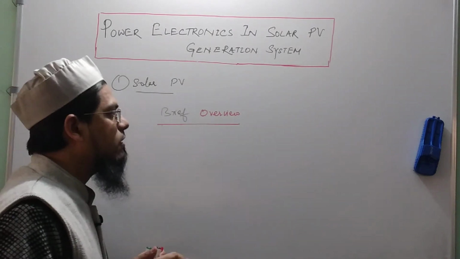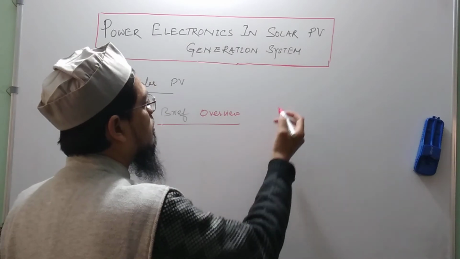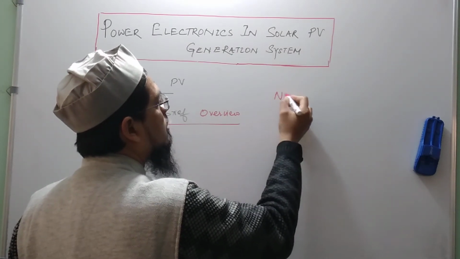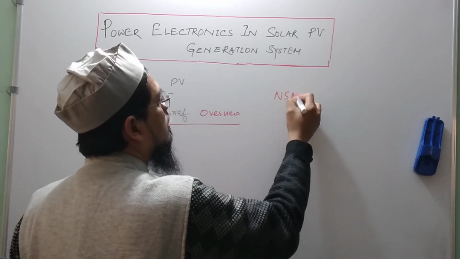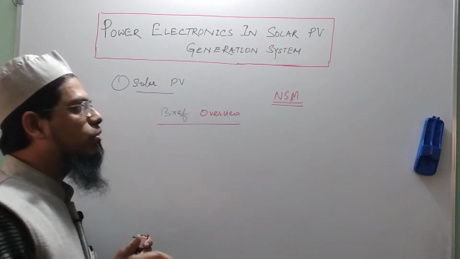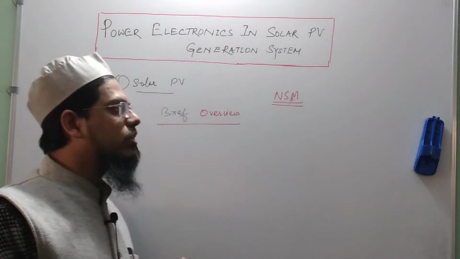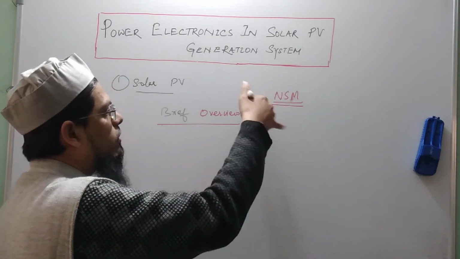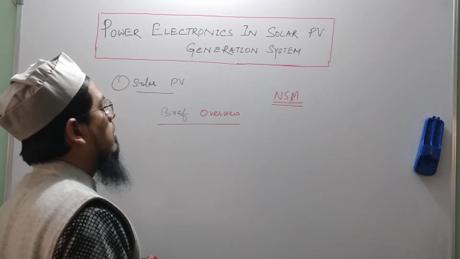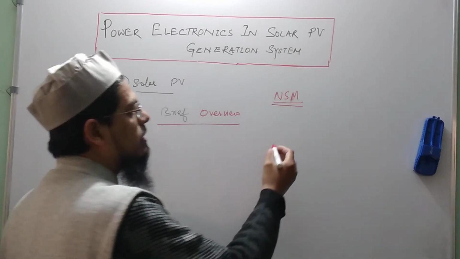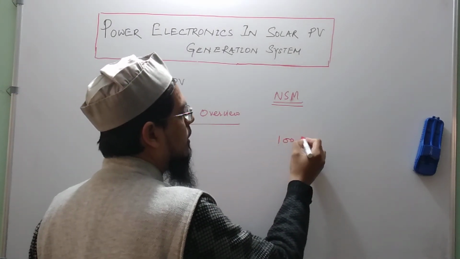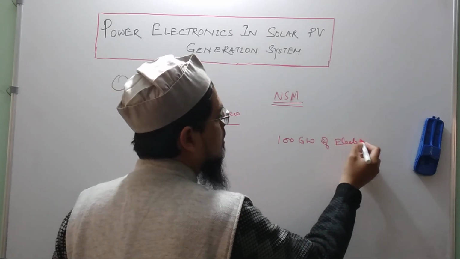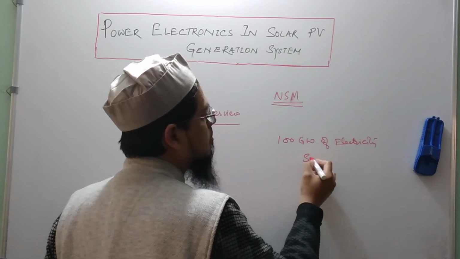In India, programs like the National Solar Mission have given a big boost to the development of renewable energy resources. By way of this mission, India intends to generate around 100 gigawatts of electricity from solar PV alone.